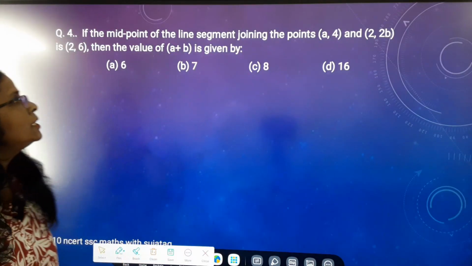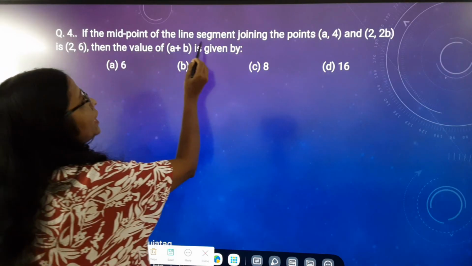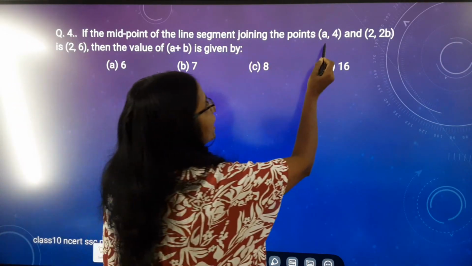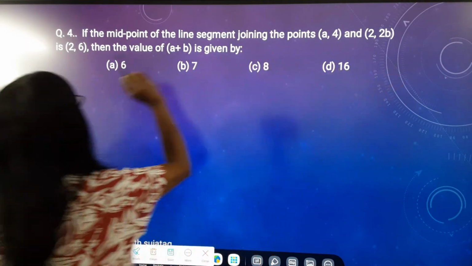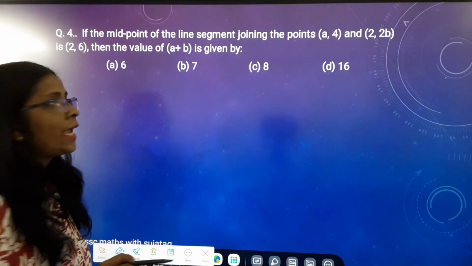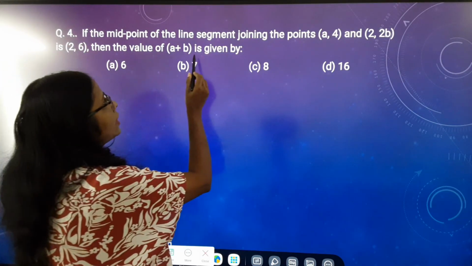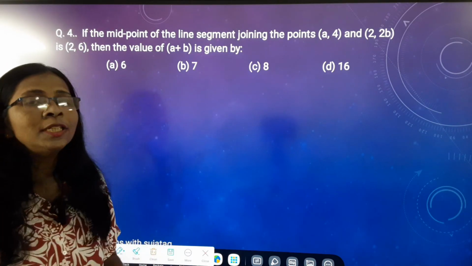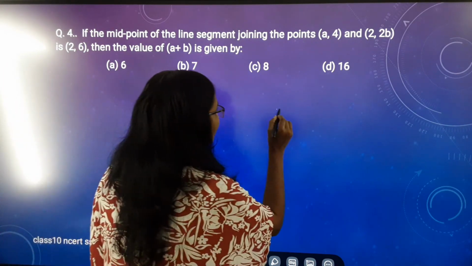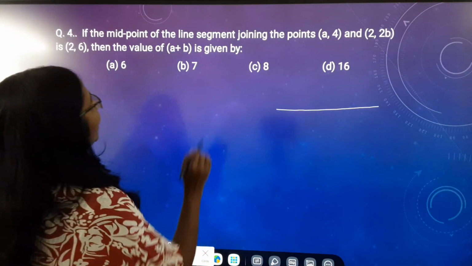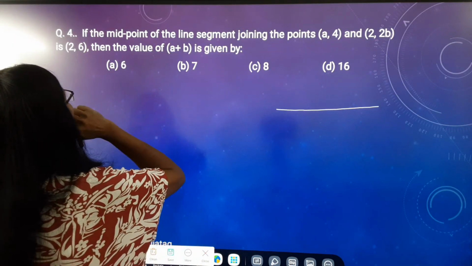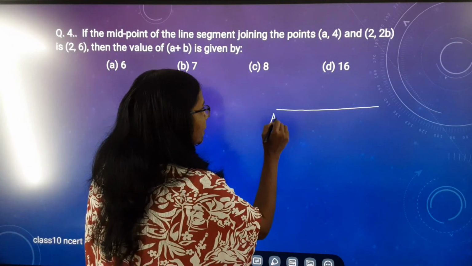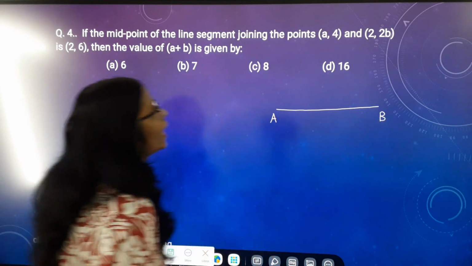Example four, students: if the midpoint of the line segment joining the points A(a, 4) and B(2, 2b) is (2, 6), then the value of a plus b is given by. Okay, so now first I draw the line segment. This is a line segment, and I call it AB.